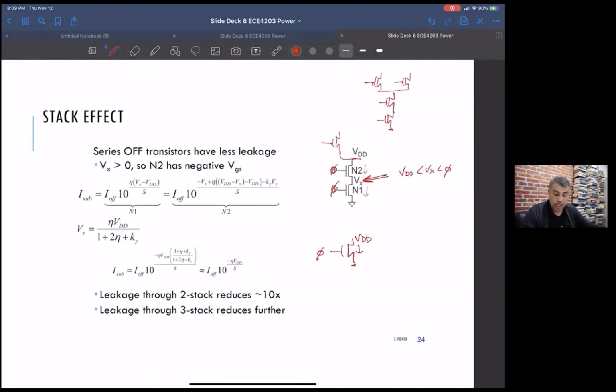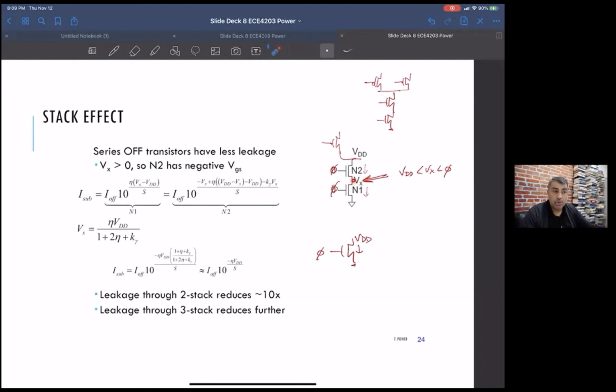So that has 2 effects. One is that the bottom transistor, N1, sees a lower drain-source voltage. That tends to reduce its leakage current. But even better, the gate-source voltage of N2 isn't 0. If the intermediate node Vx is, let's say, 0.5 volts, the gate-source of N2 is 0 minus 0.5.